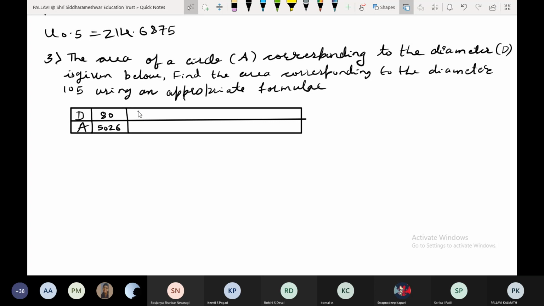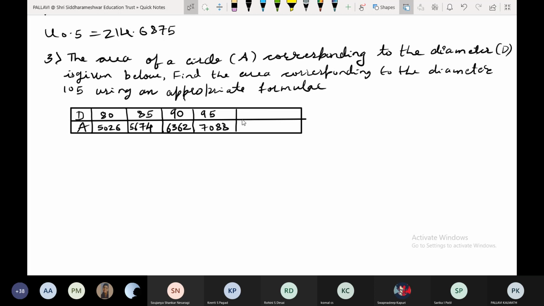Then at 85 it is 5674. At 90 it is 6362. At 95 it is 7088.